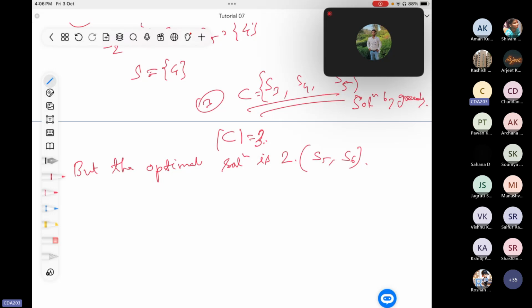How close is it to the minimum one? That's the next question, and that's what we call the approximation algorithm. This greedy algorithm that we have studied for the set cover problem is an approximation algorithm. It's not exactly an algorithm.